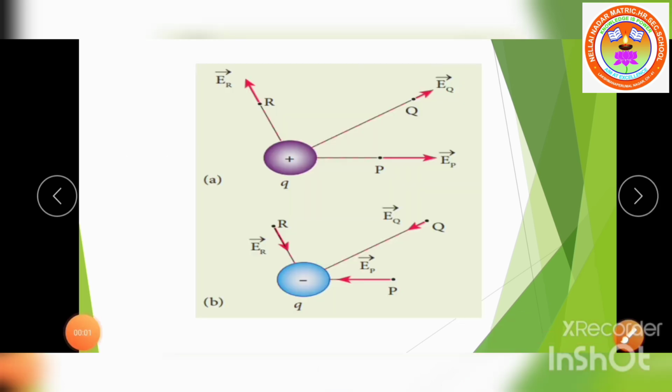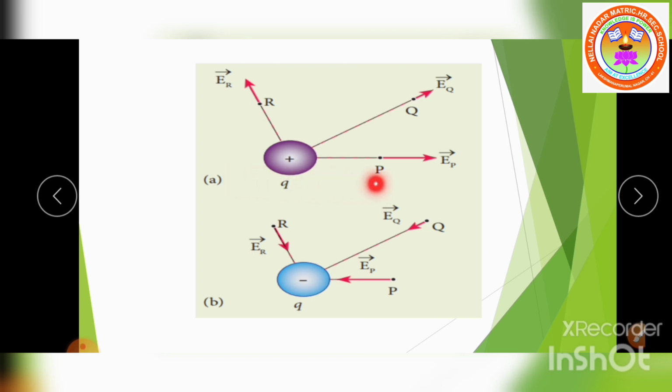Fourth point, electric field is a vector quantity. At every point in space, this field has a unique direction and magnitude. If you see the diagram, here we consider one positive charge, one negative charge.